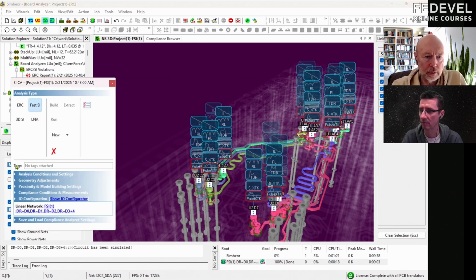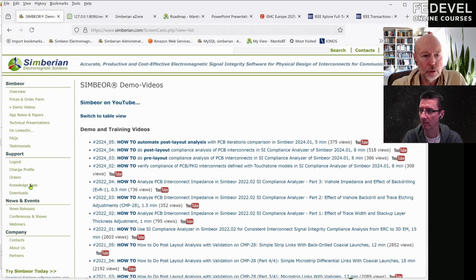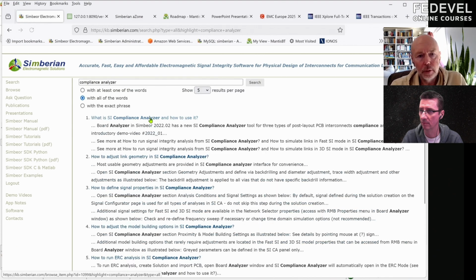There are a lot of things that you can further learn by going into our knowledge base, like compliance analyzer, what is compliance analyzer and how to use it.